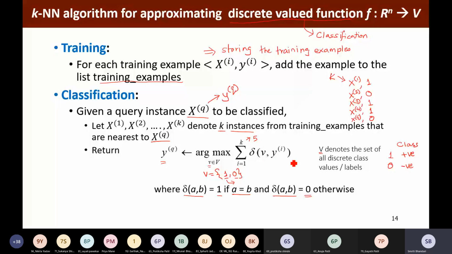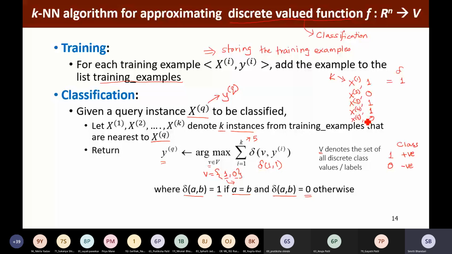For i equal to 1, delta(v, y1) is delta(1, 1), since y1 is 1. If a and b are the same, it returns 1, so delta(1, 1) returns 1. This is my delta value.